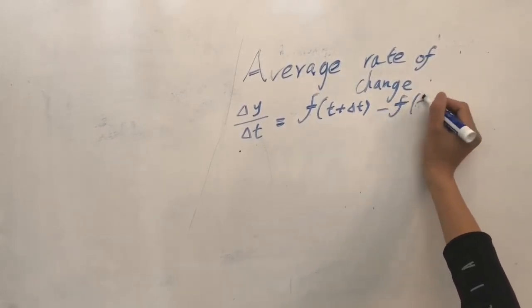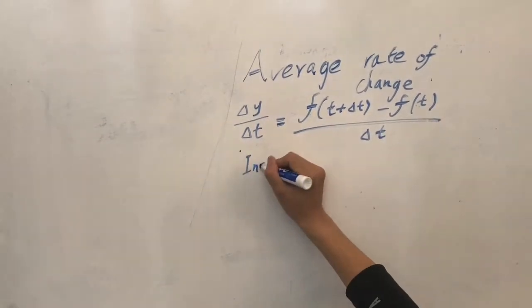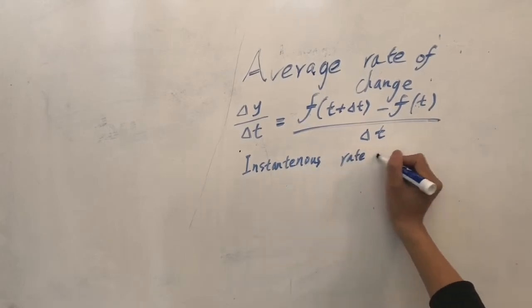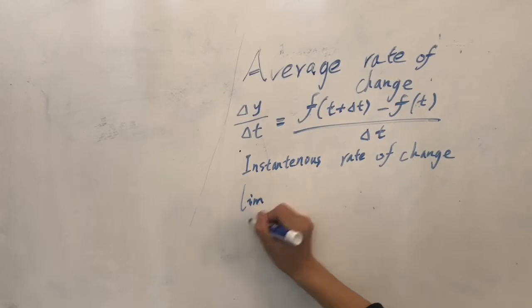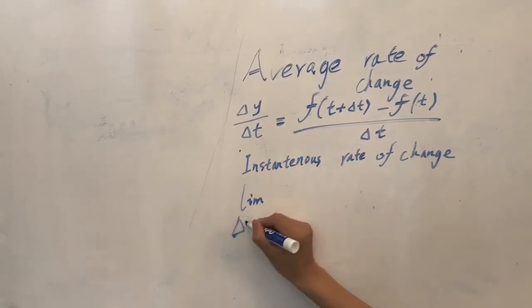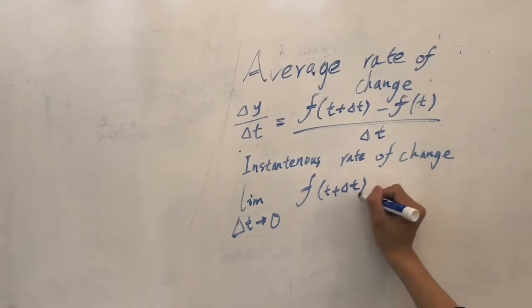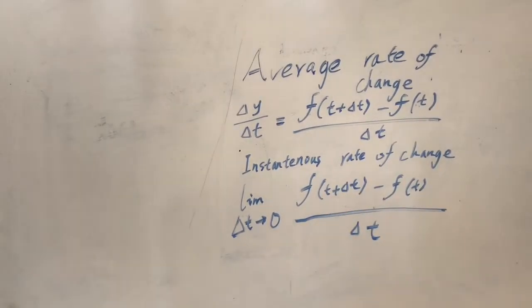The value of delta t refers to the size of the time interval, and for an instantaneous rate of change, the time interval would be instantaneous, which will be infinitely close to 0. Therefore, we get the idea that the instantaneous rate of change equals the limit of the average rate of change when delta t approaches 0. It's quite easy to understand, isn't it?